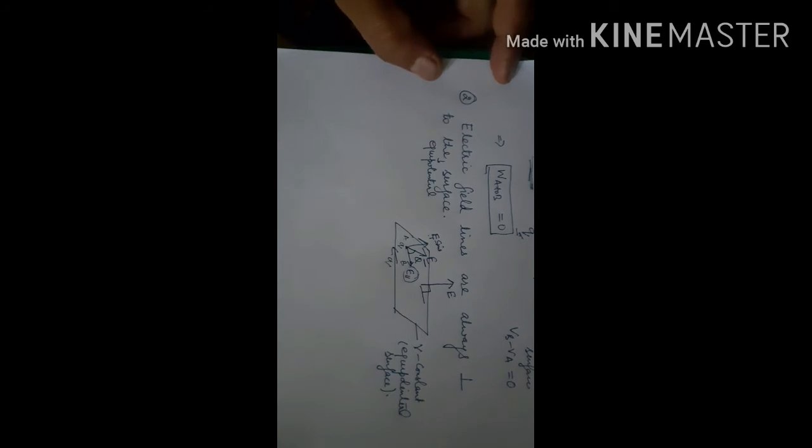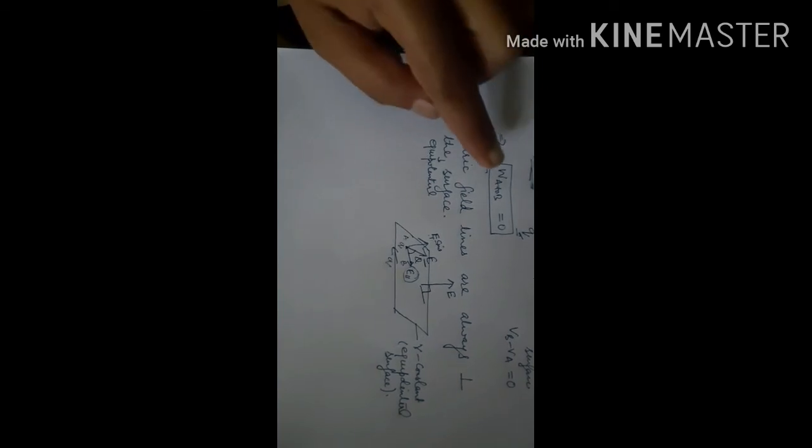So when you move a charge, suppose this is the direction of the electric field and you are moving the charge Q from here to here, then you have to do work against this electric field. That means you are doing some amount of work. But previously we studied that the amount of work done on the equipotential surface is 0.